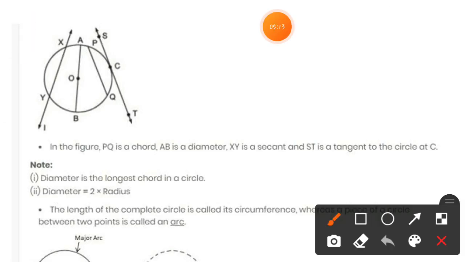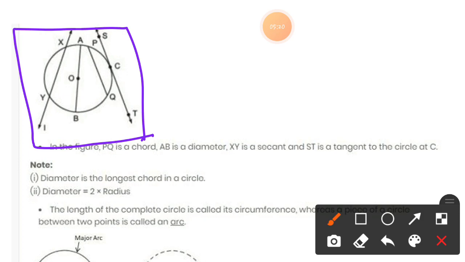Let's move on to the next. Let's recall all the terms from this figure. The center is O. PQ is our chord. ST intersects at only one point, so ST is called a tangent.